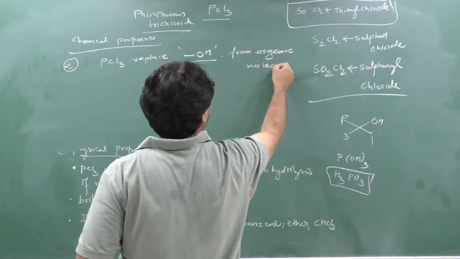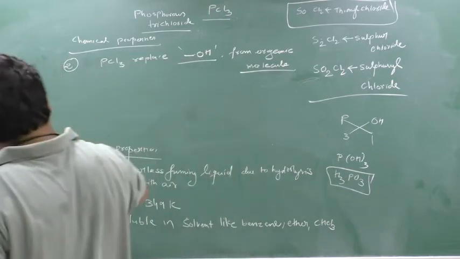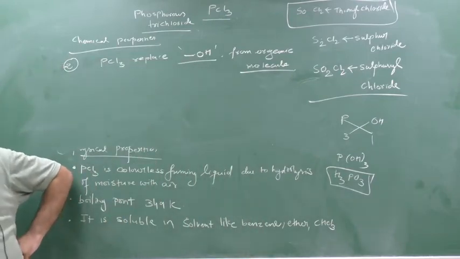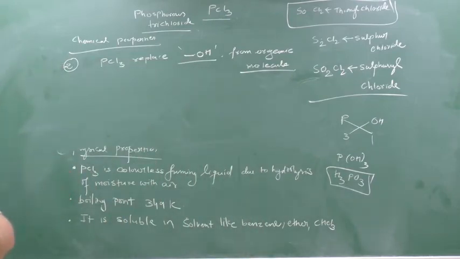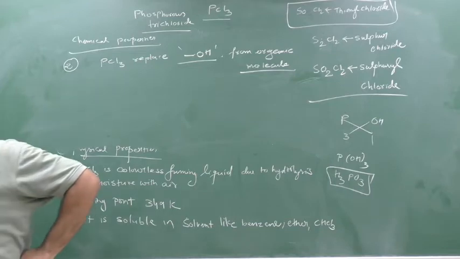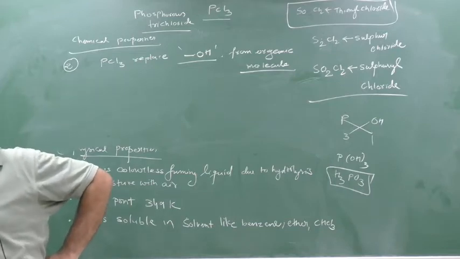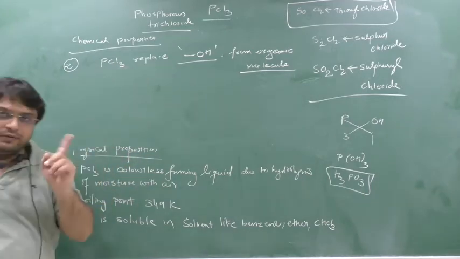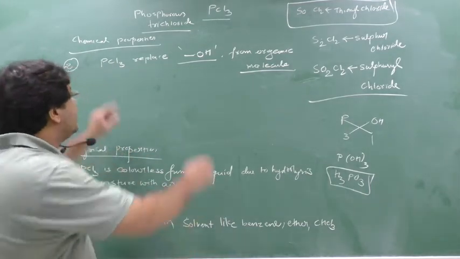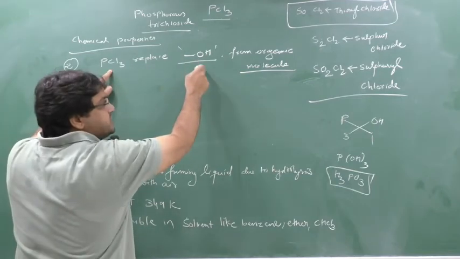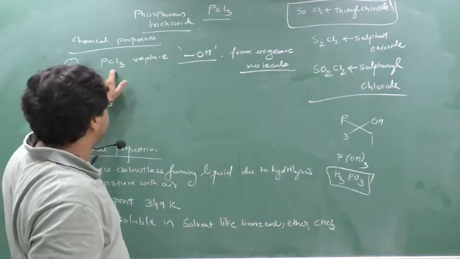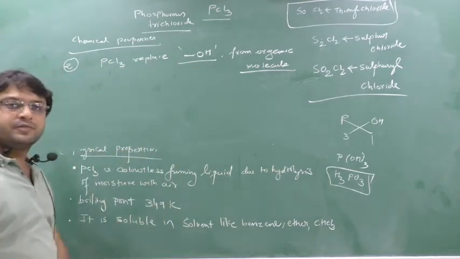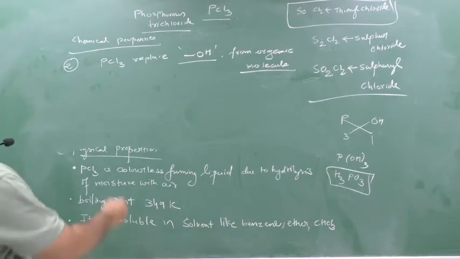OH, not H. Please remember that PCl3 when reacted with any organic compound replaces OH. It will not replace H. This is a very important key point. So PCl3 will replace OH from the organic compound.